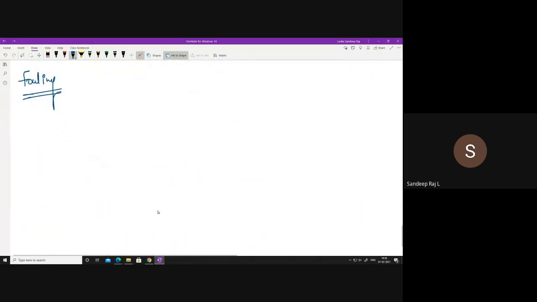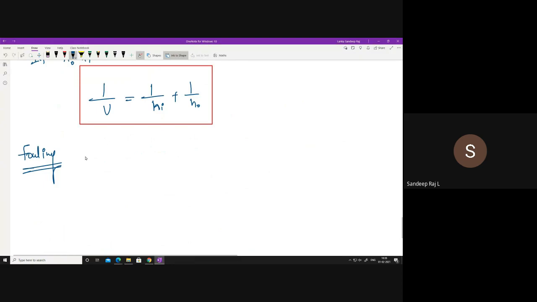If the effect of it has to be considered, how do I take it? Fouling resistance concept.